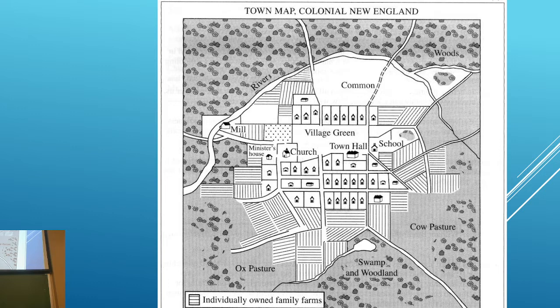But New England settlements were much more orderly. This is why even today, if you go into New England, streets are organized in a kind of grid pattern. It's relatively easy to find your way around. In many parts of the South, but particularly in Virginia and North Carolina, you see a much more chaotic settlement.